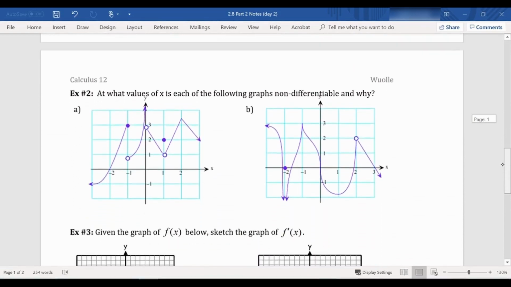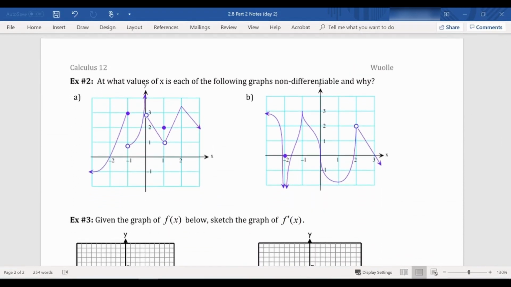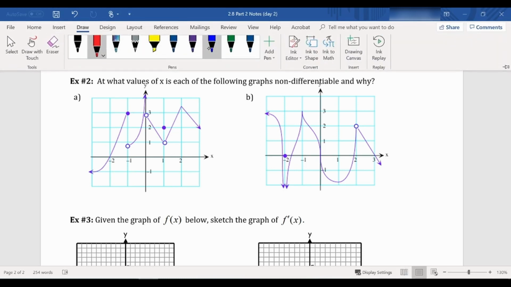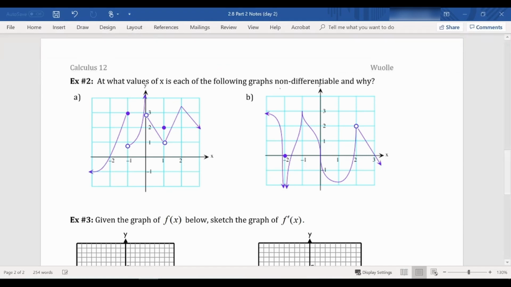Okay, so let's try some. For example, if I take a look at these two graphs, the question is, can we tell what types of discontinuity we have, or just where are we not differentiable.